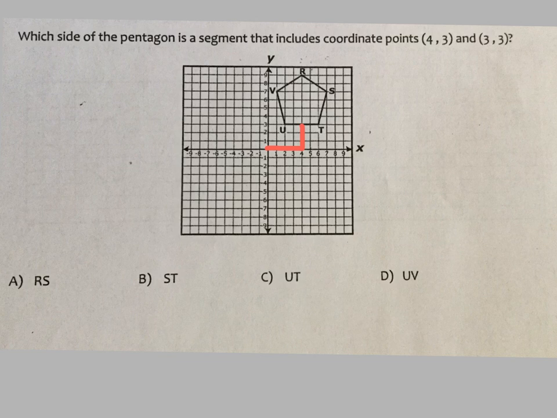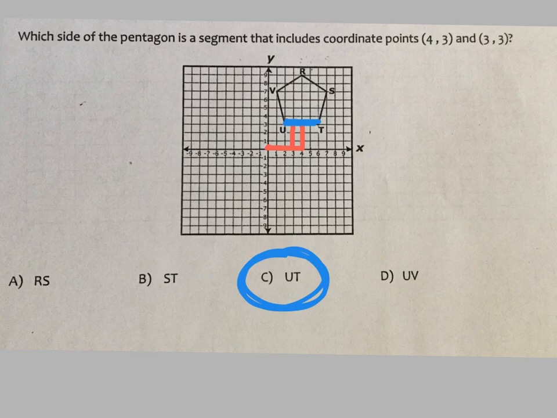And if we go to 3, 3, we start at the origin, go right 3, up 3. So our 2 points appear to be on line segment UT. Is UT an answer choice? It sure is. Right here it's C.